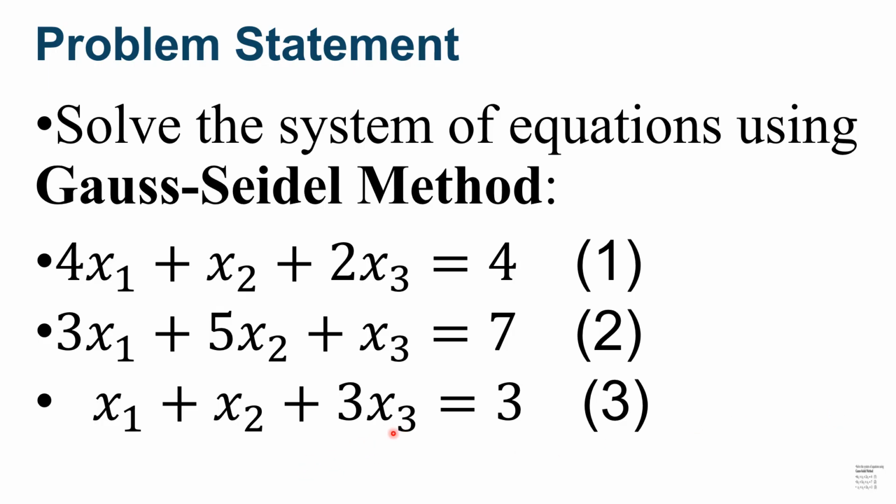Here the constant value 3 is given, and everything is divided by 3. These are the steps we have followed in the solution.